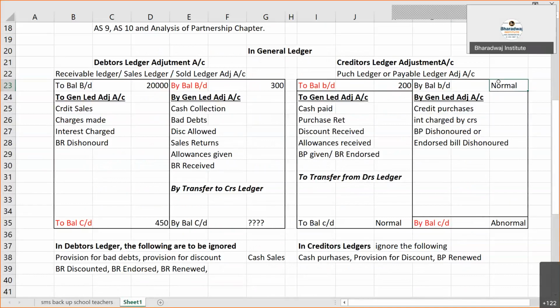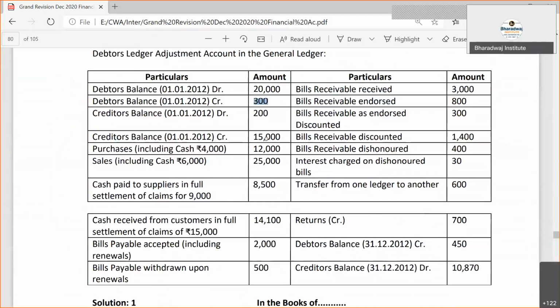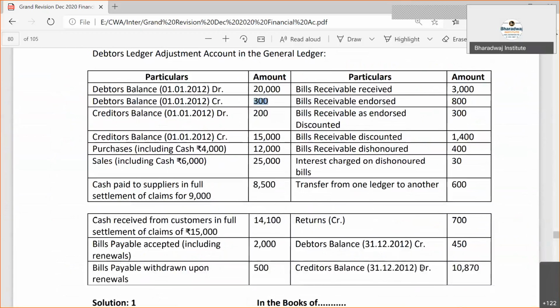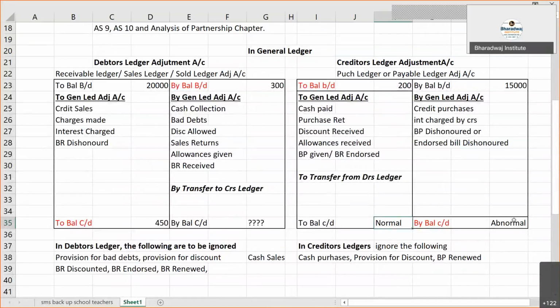Then normal balance given 15,000. Closing balance debit is given. That is an abnormal balance, 10,817. Now this normal balance we have to find out as a balancing figure.